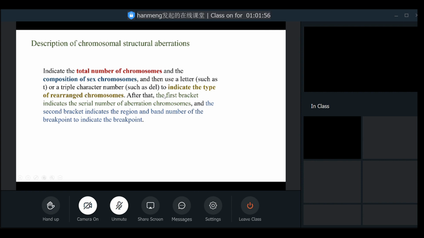After that, the first bracket indicates the serial number of the aberrant chromosomes, and the second bracket indicates the region and band number of the breakpoint. Later, we will learn how to describe them in detail.